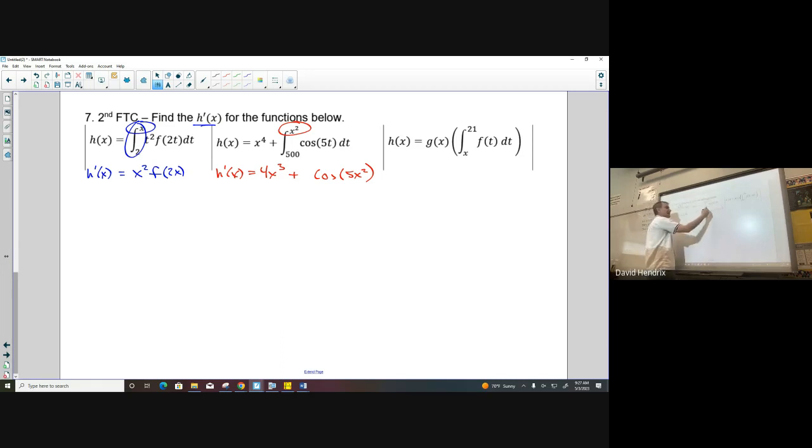And so it's going to end up being times 2x for our derivative. Don't put 10x, okay? Because this 5, when we do the antiderivative and derivative, that 5 inside function actually gets reversed through the second fundamental theorem, okay?